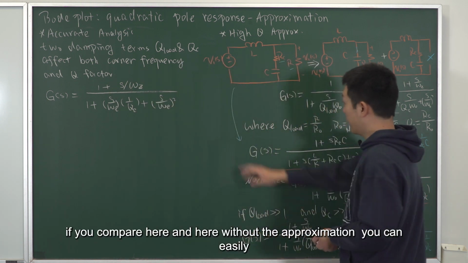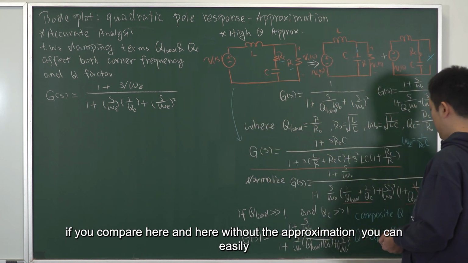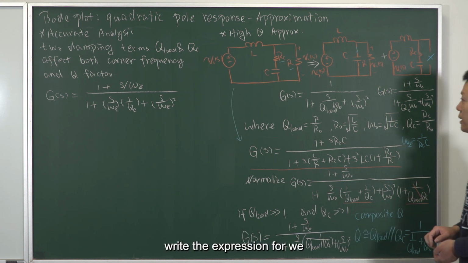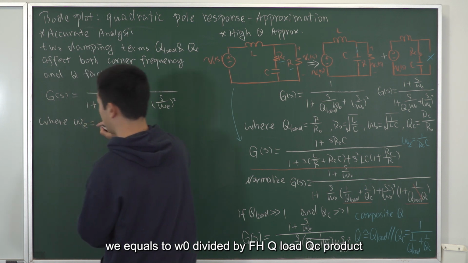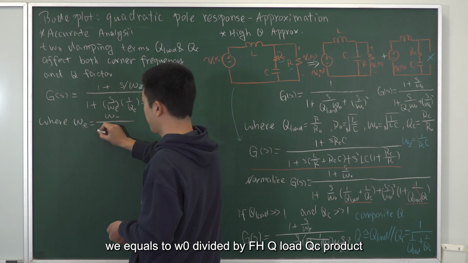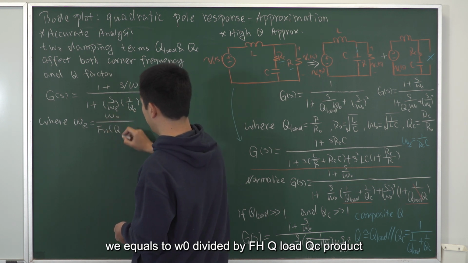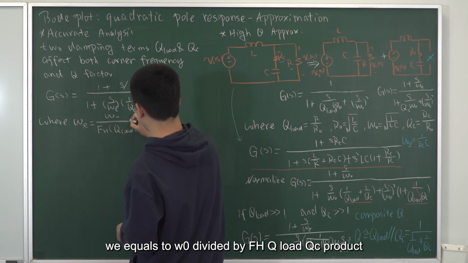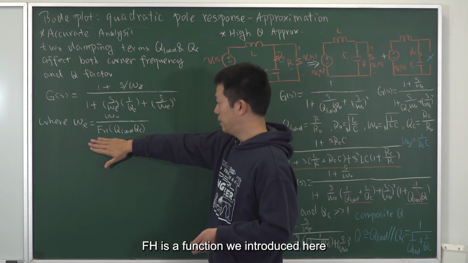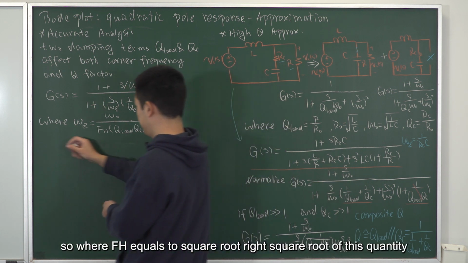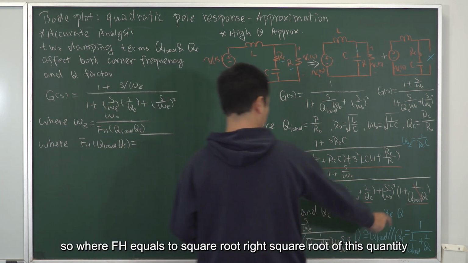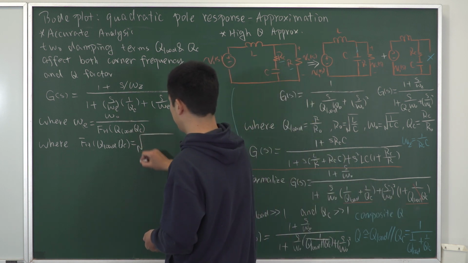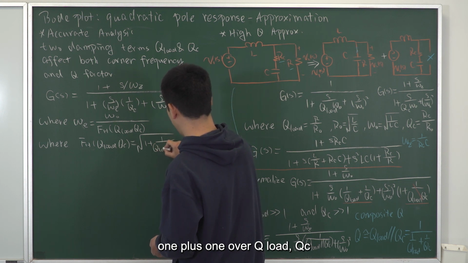If you compare here and here, without the approximation, you can easily write the expression for omega E. Omega E equals omega 0 divided by FH, a function of the Q load QC product that we introduced here, where FH equals the square root of 1 plus 1 over Q load QC.